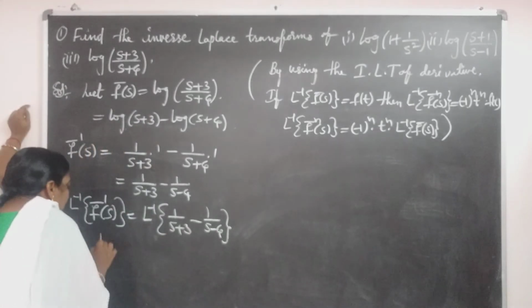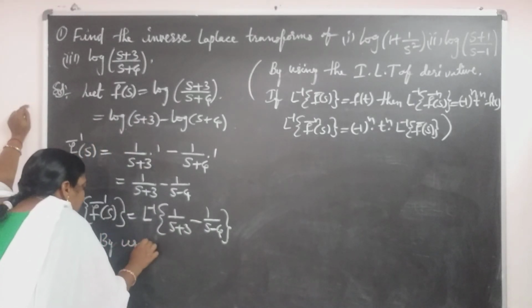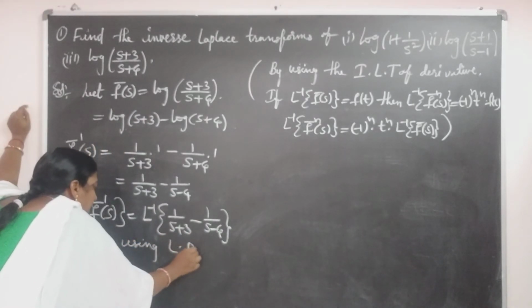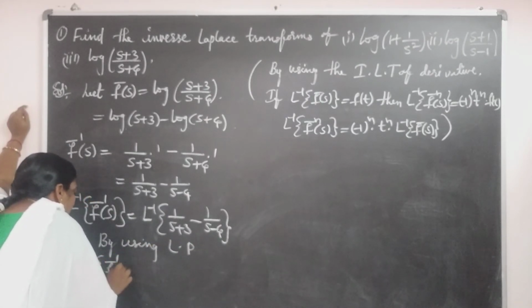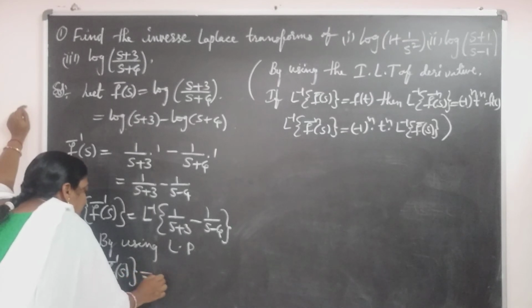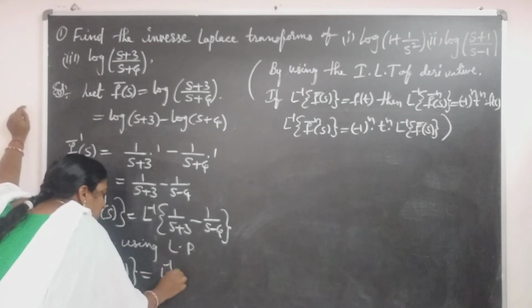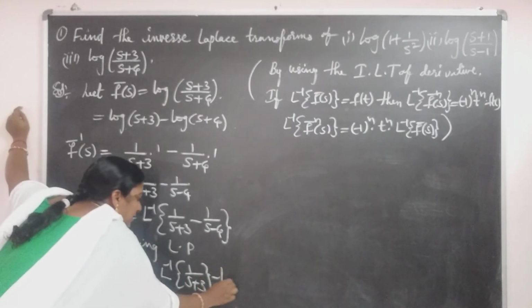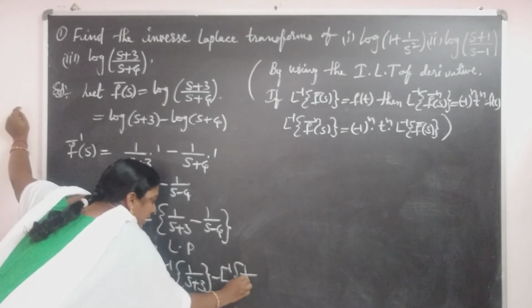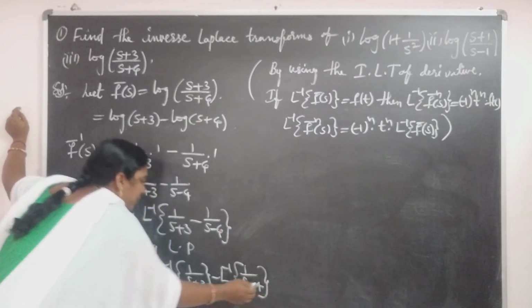By using linearity property, L inverse of f bar dash of s is equal to L inverse of 1 by s plus 3 minus L inverse of 1 by s plus 4.